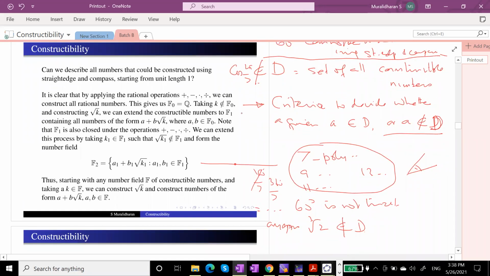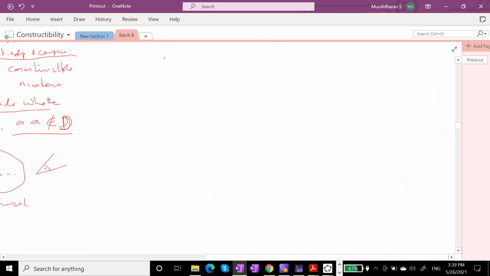So our aim is this: we are going to find a criterion to decide whether a number is constructible or not constructible. Once we do that, all the things will fall into place automatically. Now, let us start with the set of all rationals.